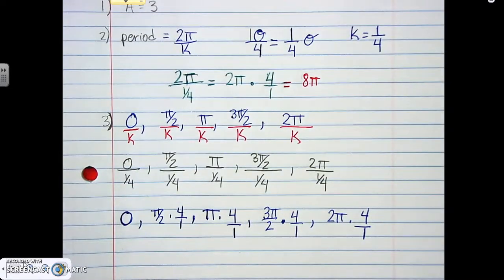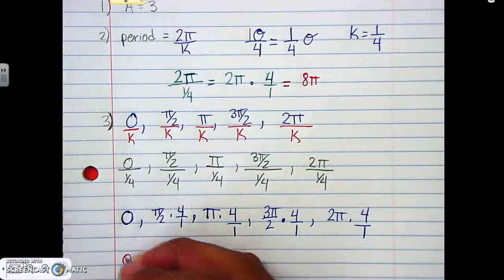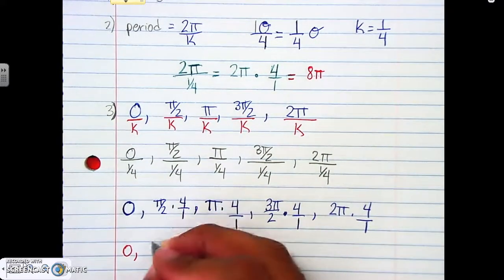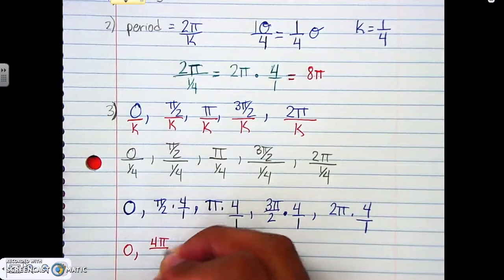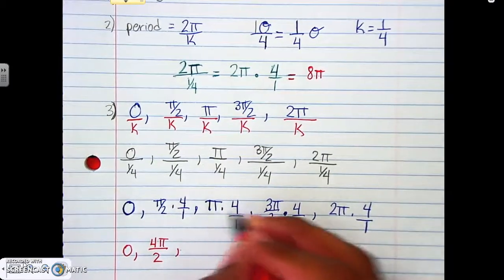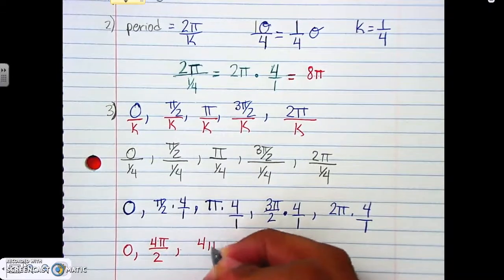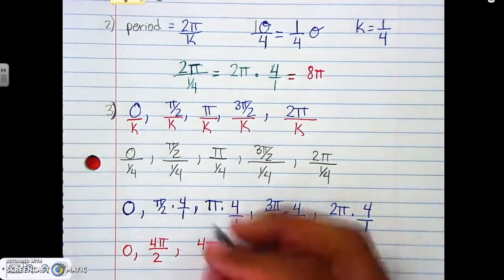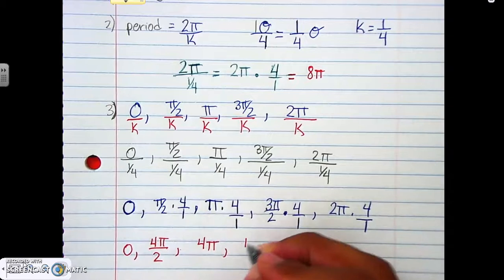Okay, now we just go ahead and multiply them and simplify it down. Again, 0 stays 0. Multiply straight across, that's 4 pi over 2. Multiply straight across again, that's 4 pi over 1, which is 4 pi. Here, that's 12 pi over 6.